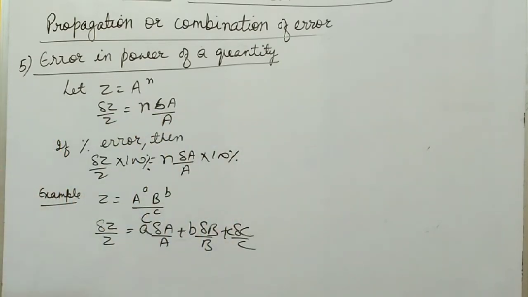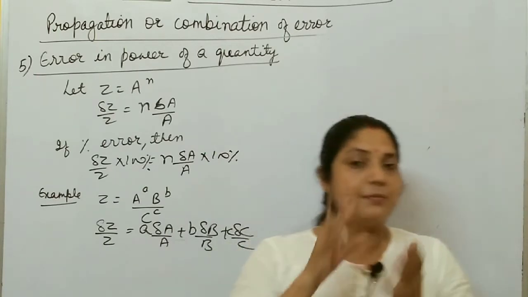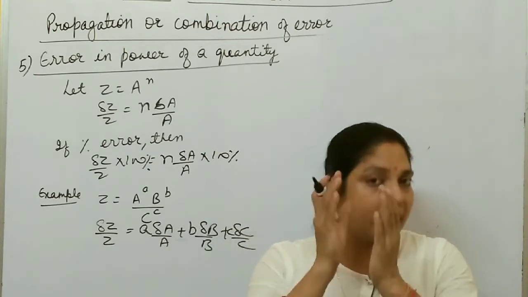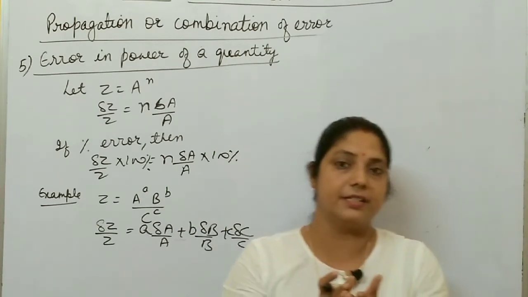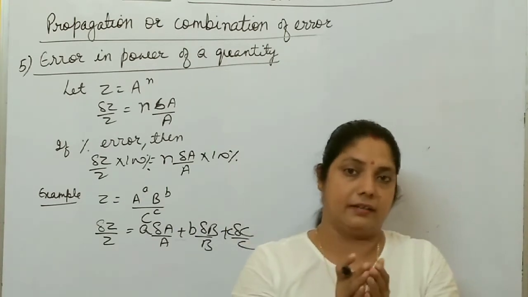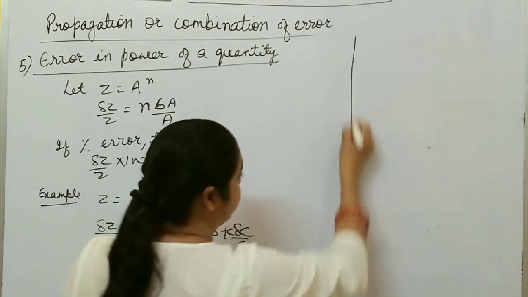Right? So in this way, in case of addition or subtraction, absolute errors are always added in the final result, and in case of multiplication and division, relative errors are added, right? Okay, in short, I am going to write this side.